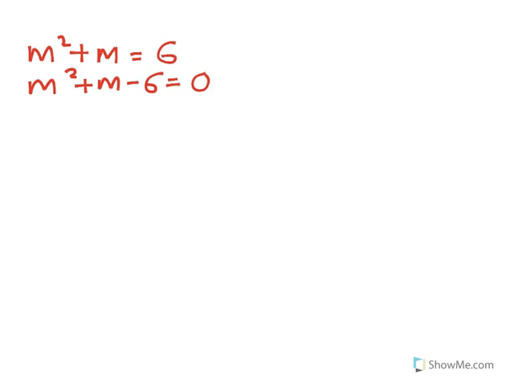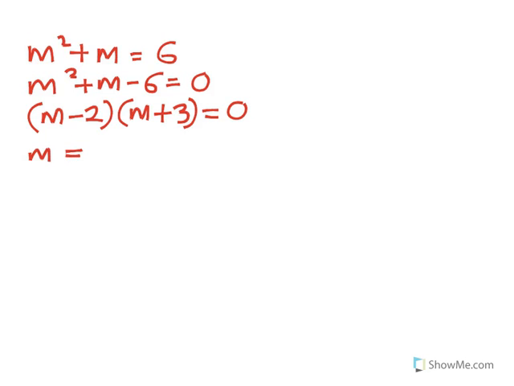Now if you move on, you have to factorize that. You have got m minus 2, remember the product sum method, which you can do, m plus 3 is equal to 0. Therefore, m is equal to 2, or m plus 3 is equal to 0, so you transpose 3, it becomes negative 3. So these are the values of m, but they are not the solutions in this case.